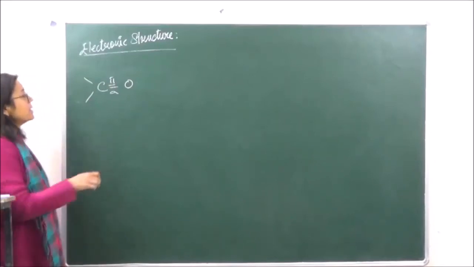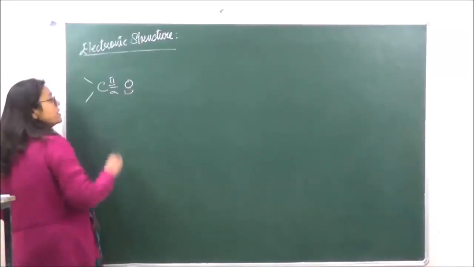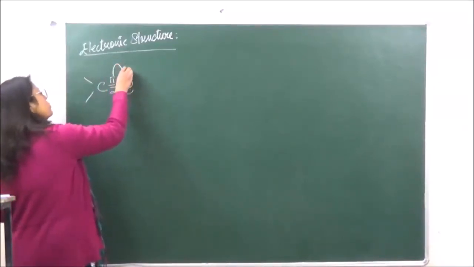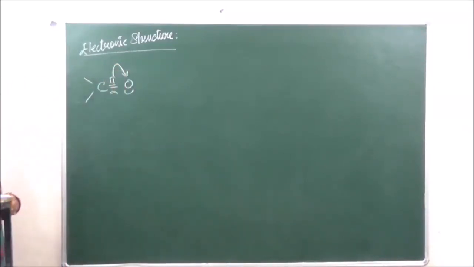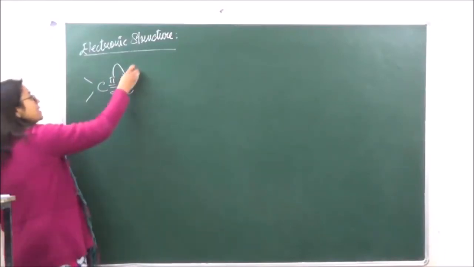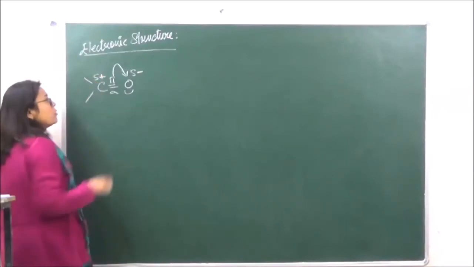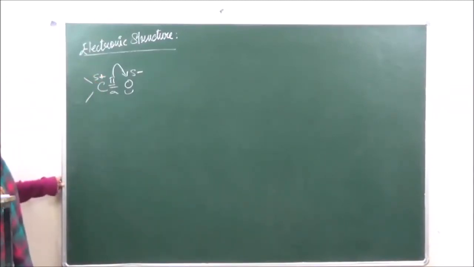The reason behind this is that oxygen over here is highly electronegative, as a result of which it is going to attract the shared pair of electrons towards itself, thus getting a partial negative charge, and carbon is going to get a partial positive charge. In case of carbon-carbon double bond, this kind of characteristic cannot be seen because of the same electronegativity of both the carbons which are bonded by a double bond.